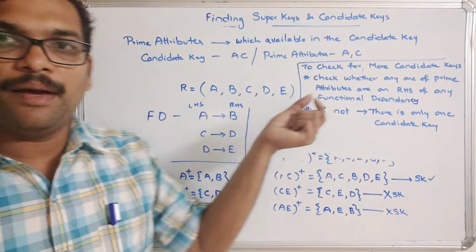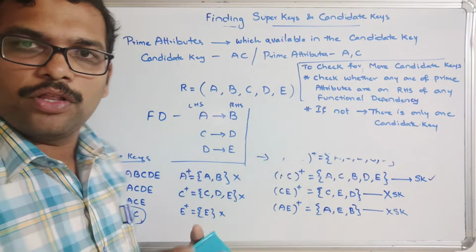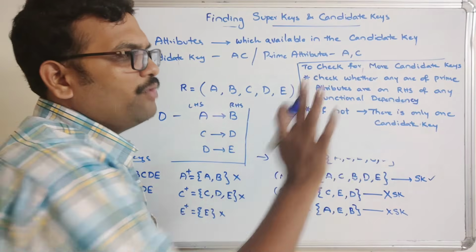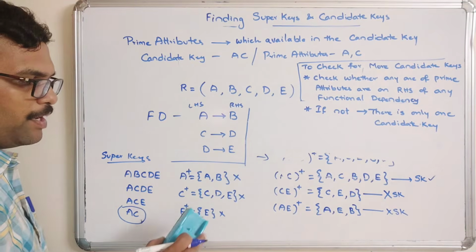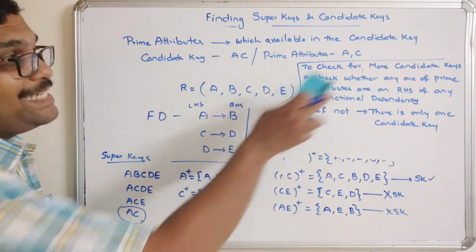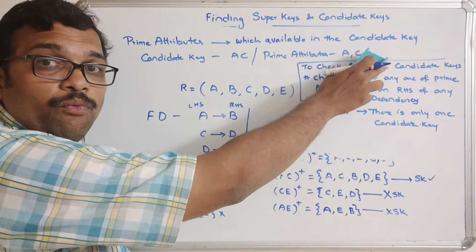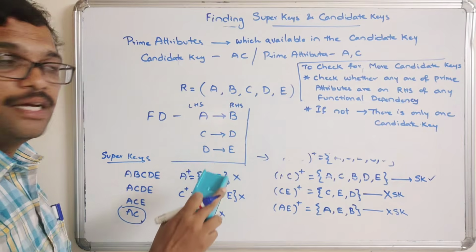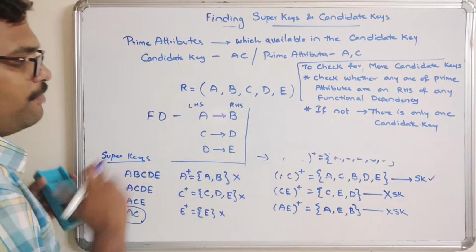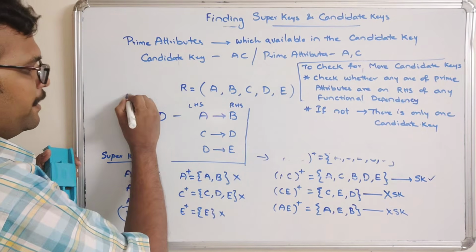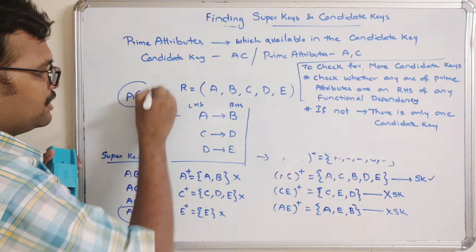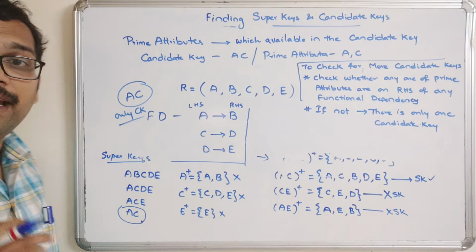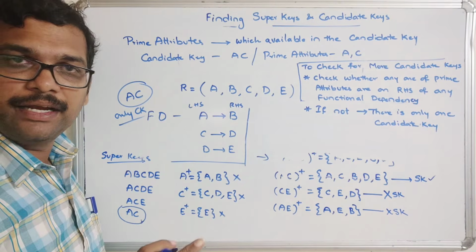So if the prime attributes are not available on the RHS of any functional dependency, simply we can say there is only one candidate key. In this example, you can observe A, C are the prime attributes and none of these attributes are on the RHS of any functional dependency. So that implies for this particular relation, AC is the only candidate key. There are no multiple candidate keys.